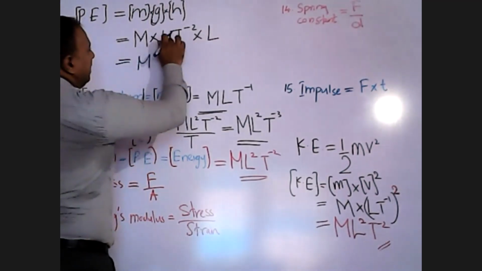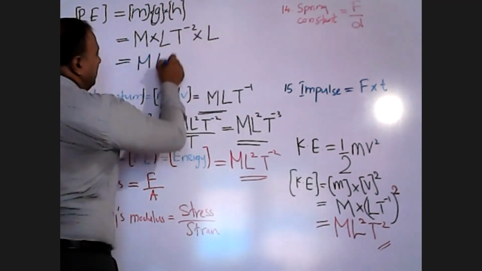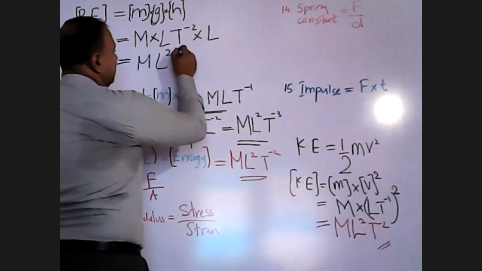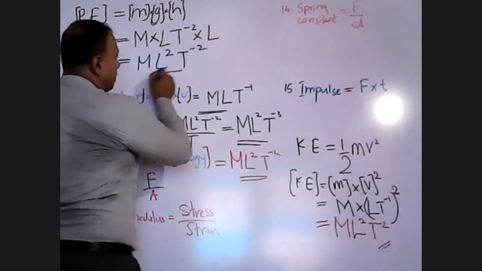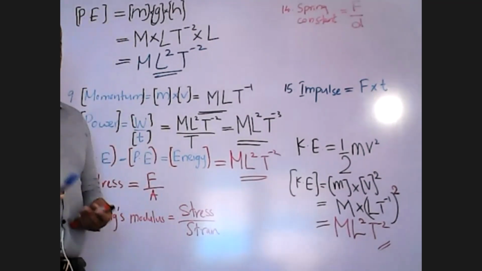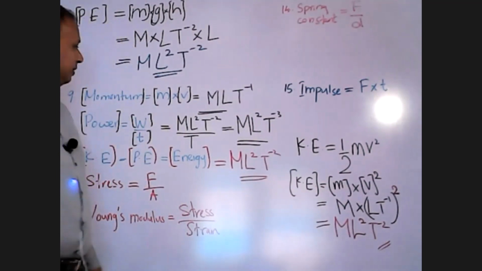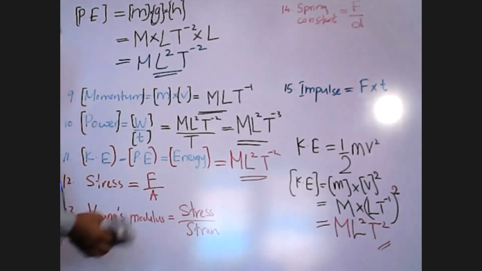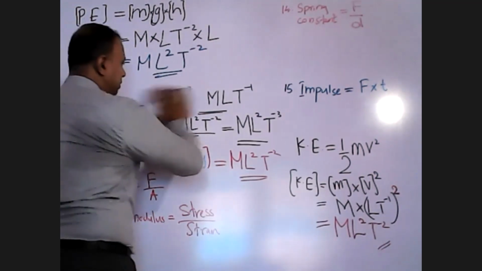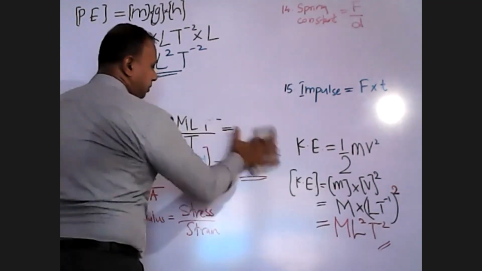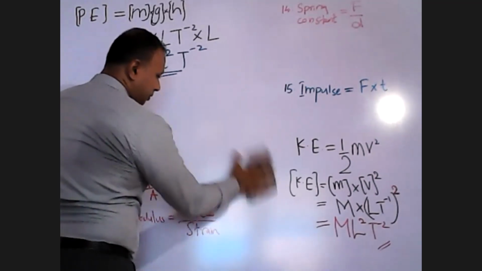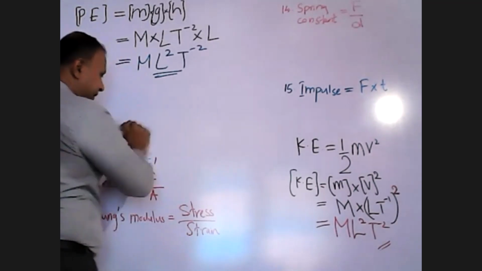M, there are two L's, that means L squared, and T to the power minus 2. You should write both, okay? Potential energy and kinetic energy.